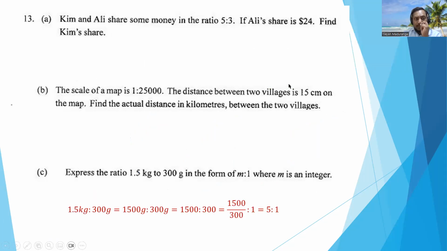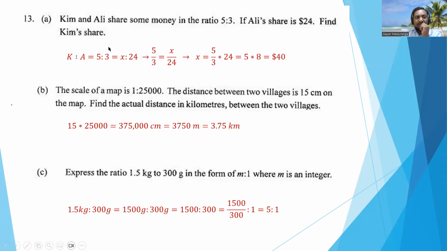Right. Question number 13. Kim and Ali share some money in the ratio 5 to 3. Ali's share is 24. Find Kim's share. Okay. Kim to Ali is 5 to 3. Ali is 24. Kim's we don't know. So 5 multiplied by a number gives Kim's, 3 multiplied by a number gives 24.